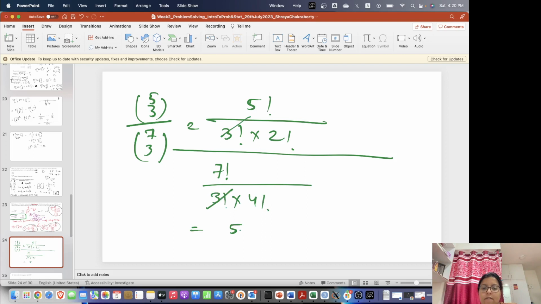This means 5 factorial by 2 factorial into 7 factorial. So here we have 1 by 2 into 7 into 6.